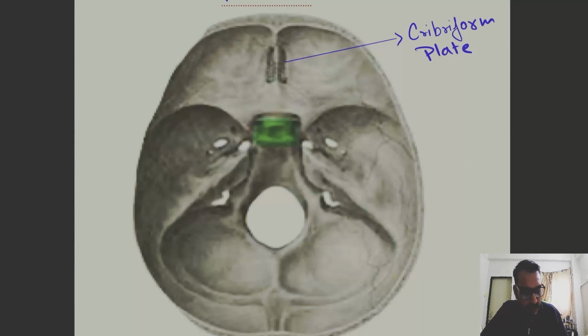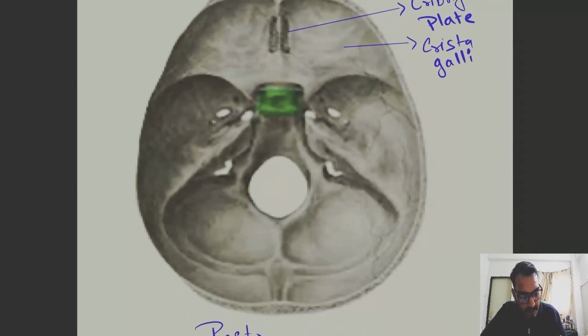And this structure here, what will we call this, guys? This is crista galli. Then here, guys, this structure, this one.